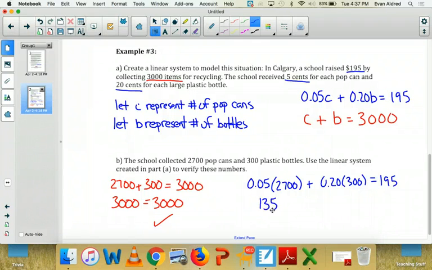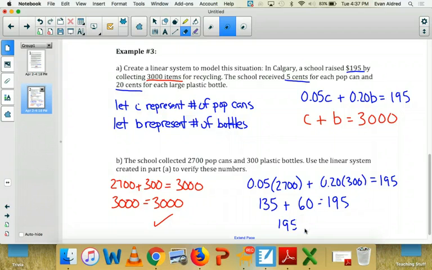So 0.05 times 2,700 is 135. 0.2 multiplied by 300 is 60. And we know that 135 plus 60 equals 195. And 195 equals 195. So that checks out.